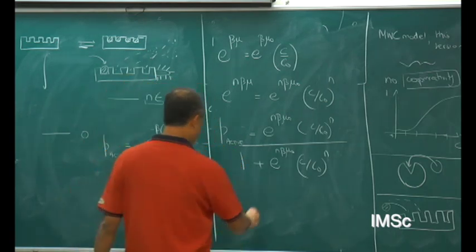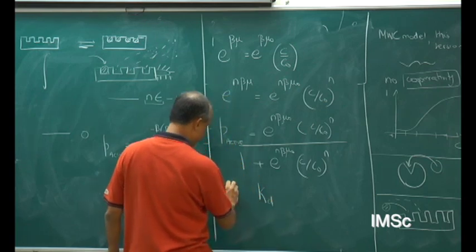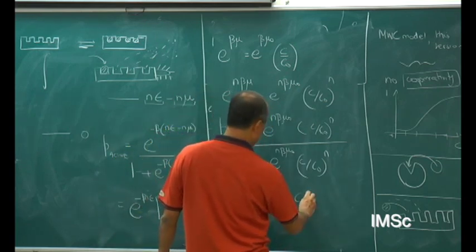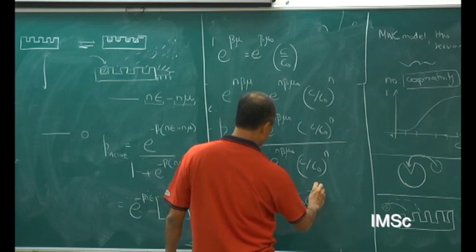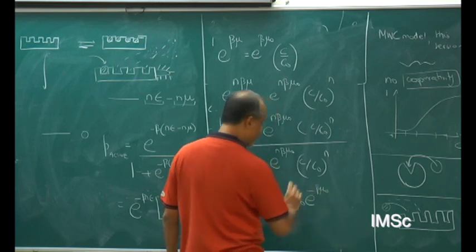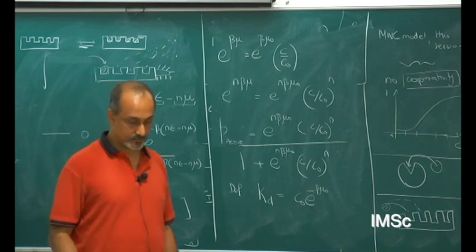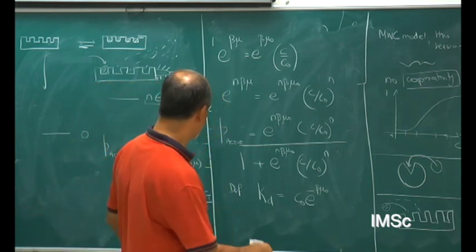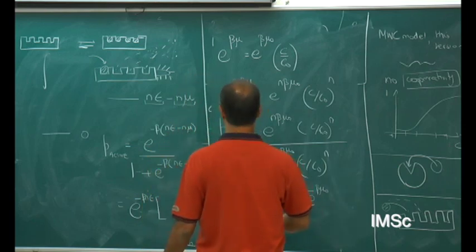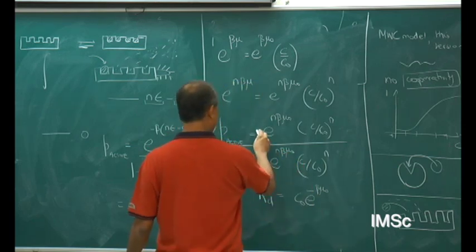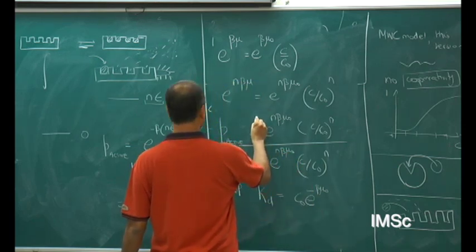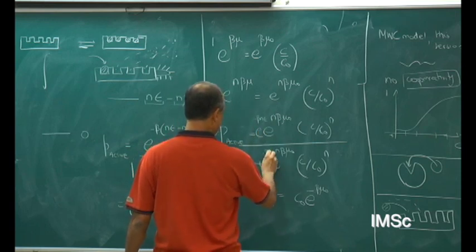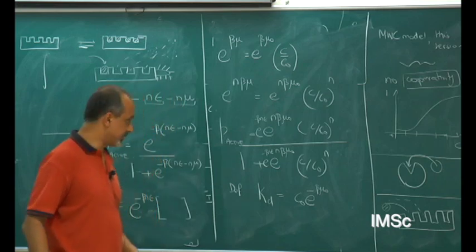So now if I define Kd equal to C naught e to the power minus beta mu naught. Sorry, just a sec. Yeah, I dropped them somewhere, so they should be there. So this is e to the power minus beta n epsilon. And this should be e to the power minus beta n epsilon. Correct, thanks for pointing that out.